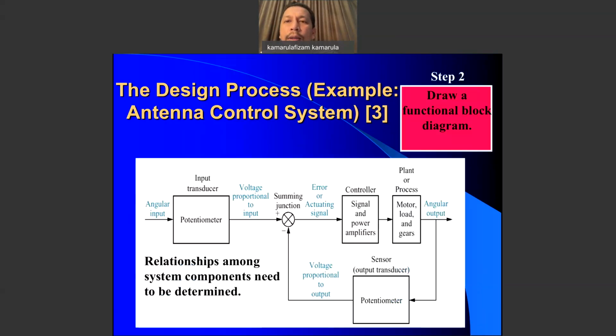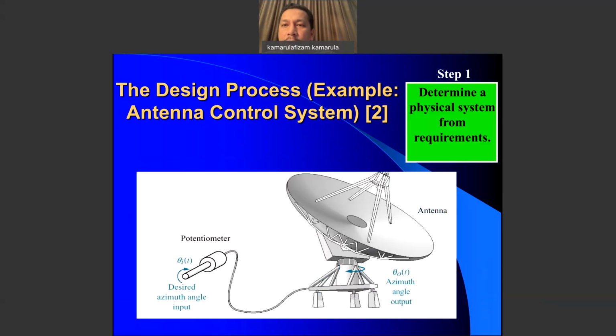All right, then from here you draw the basic block diagram of the system. For example, the first input is the angular input. The potentiometer will give you the voltage, and of course, you have another sensor that tells you whether the antenna is responding to the correct angle or not.